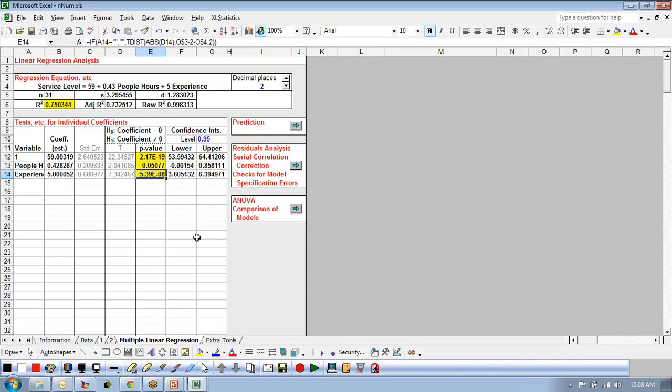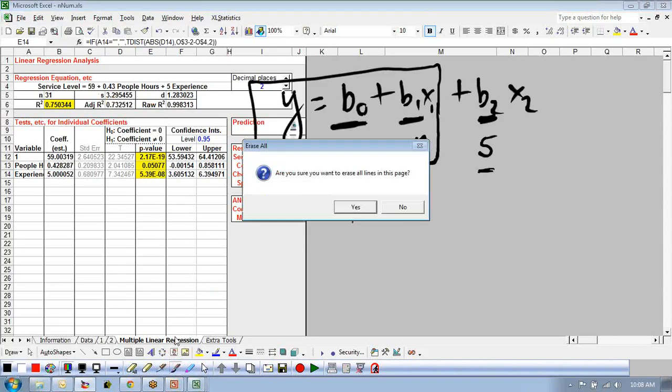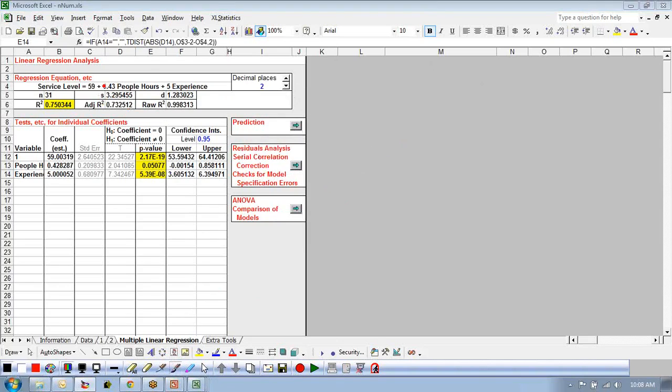So our model will indeed be y equals 59. You know what? I'm just going to erase this at this point. It really will be this model right here that I'm going to circle in red. I was trying to circle it. There we go. Service level is equal to 59 plus 0.43 times people hours plus 5 times experience. We're going to go with that.